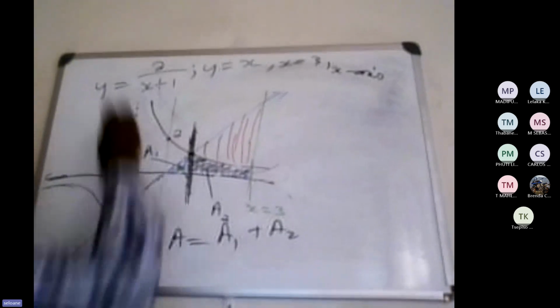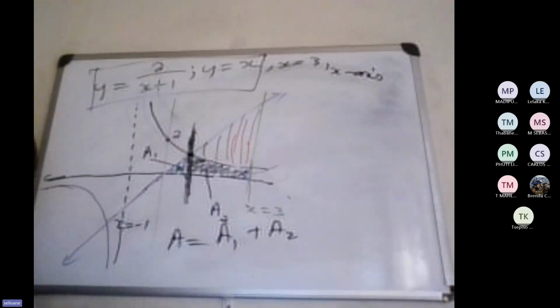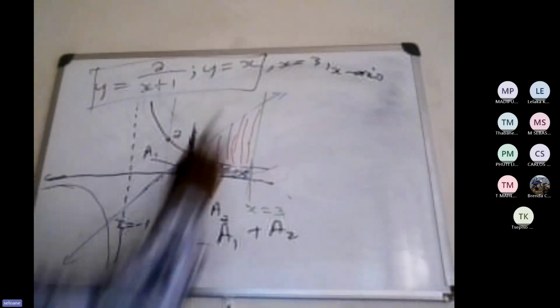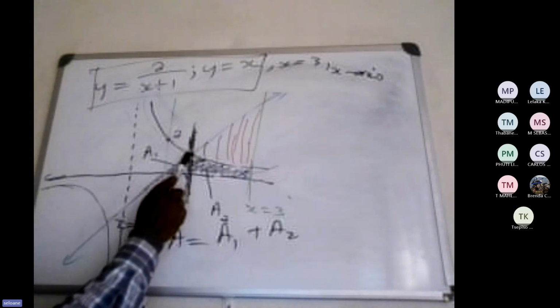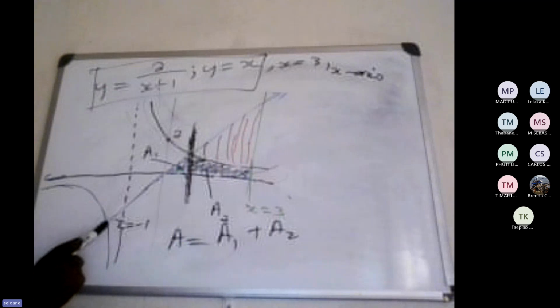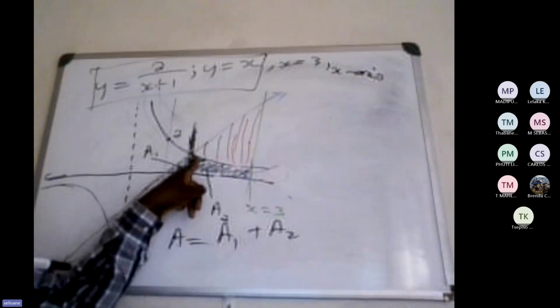If you take these two and solve x and y simultaneously, they're going to give you 2 points, because they intersect twice. They intersect here where both x and y are positive, and again here where both x and y are negative. But we are looking for this one.